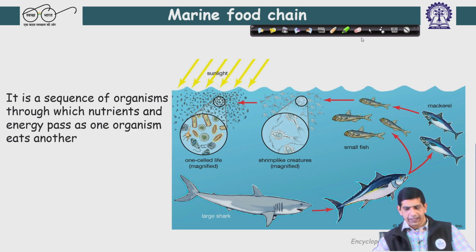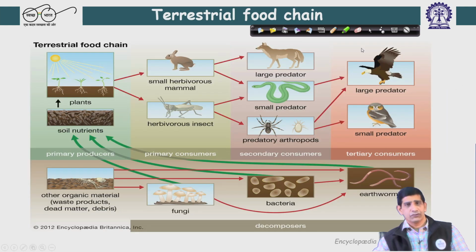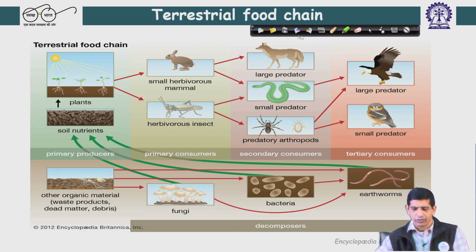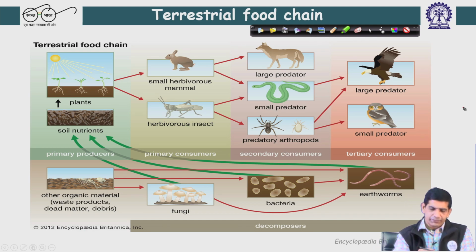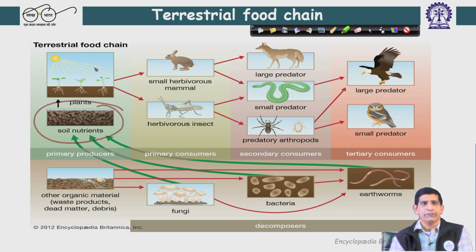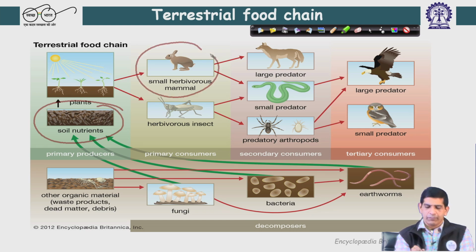Now if you look at the terrestrial food chain, which we are probably more aware of, we have plants. The plants get soil nutrients and produce food, and that food is eaten by small herbivore mammals, or herbivorous insects.